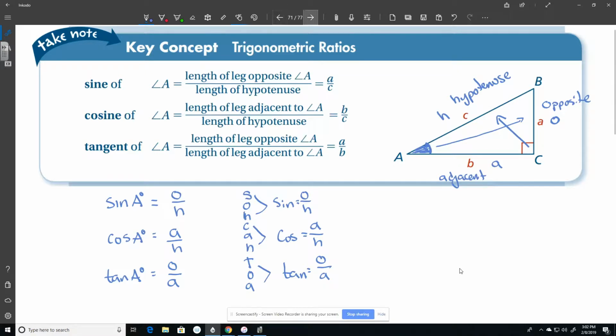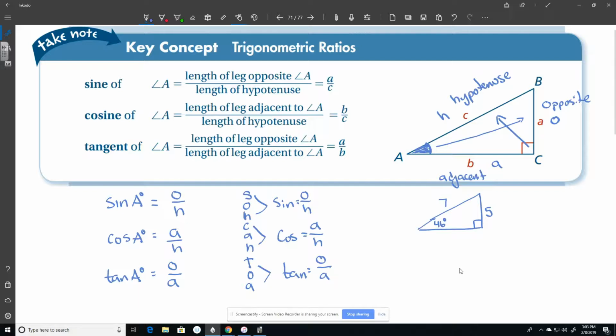Okay? Now, here's what it looks like in the real world. If I have a triangle, and I'm just going to give you a quick example, and then we'll do some ratios. Here's my 90-degree angle, and let's say that this is 46 degrees, and across from it, I've got this side of my triangle that measures 5. I don't know if this is actually true or not, I'm just making up these numbers, but let's say this is 5, and this side right here is 7.